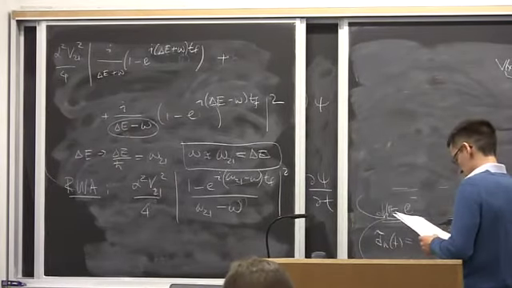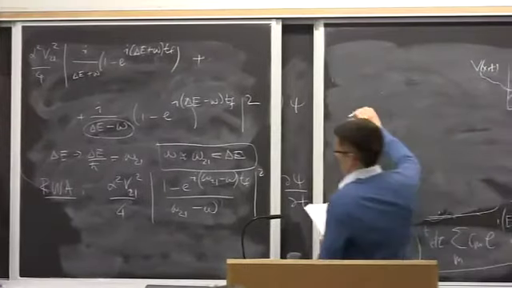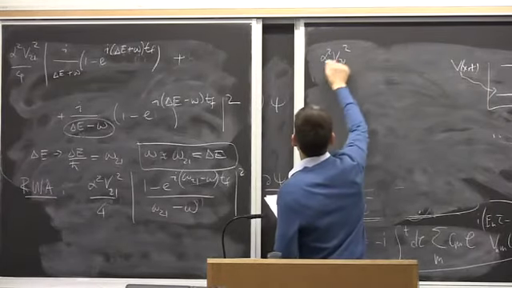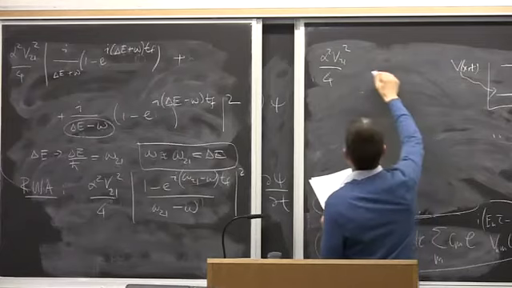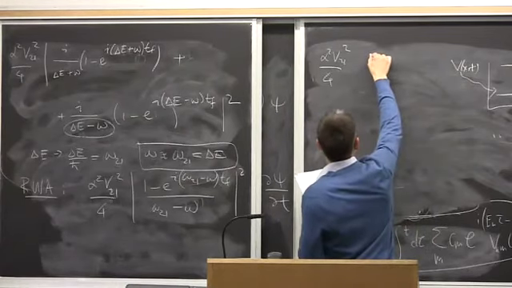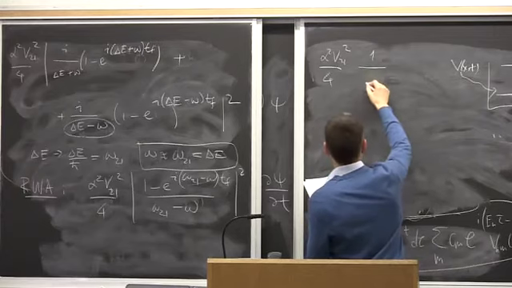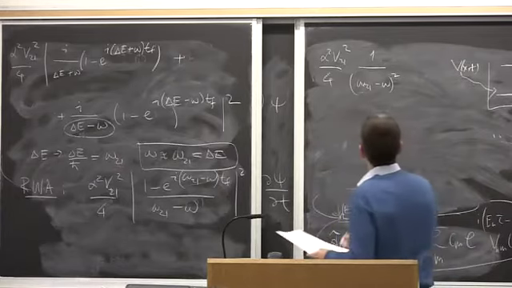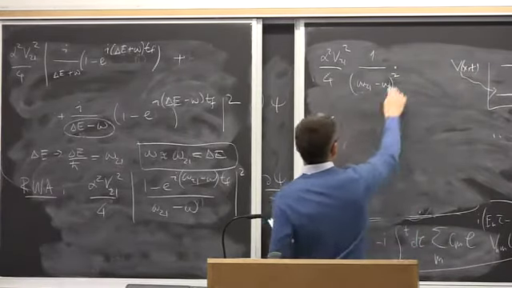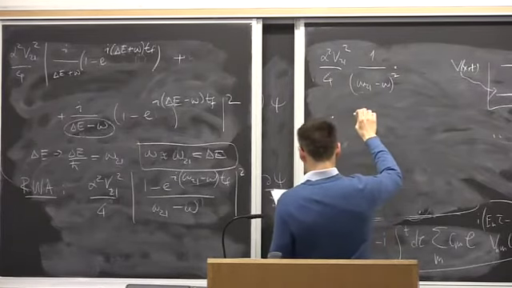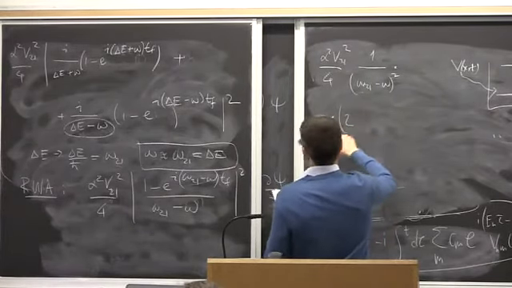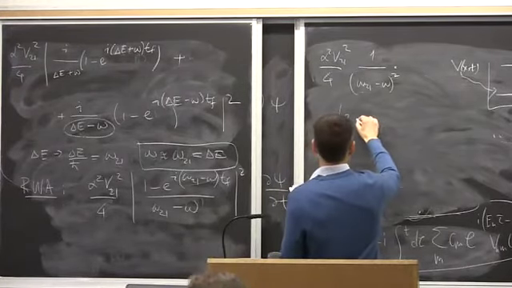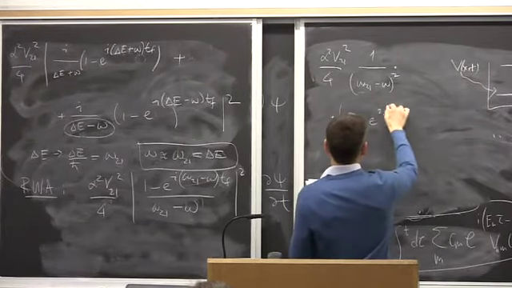Now there's some simple algebra we can do. Alpha squared V21 squared divided by 4. And then we'll have 1, these are all real numbers, omega 2, 1 minus omega squared, multiplied by, if we take the absolute value of the 1 minus exponent, it will be 2 plus, minus the exponent of i.